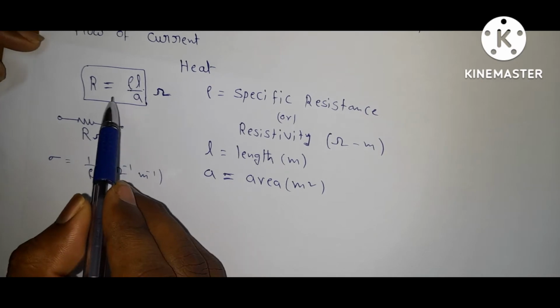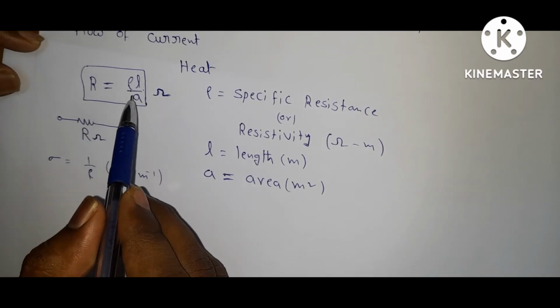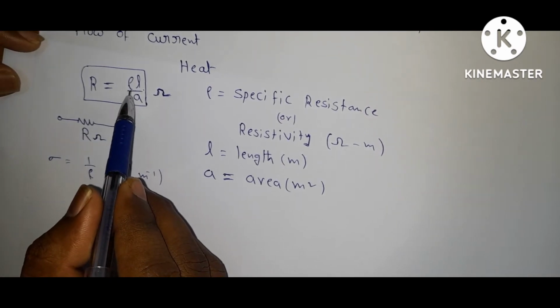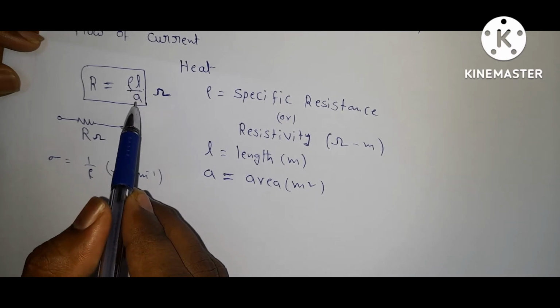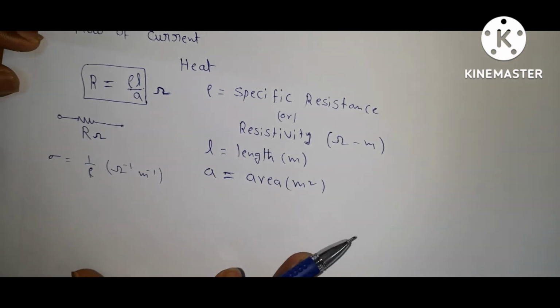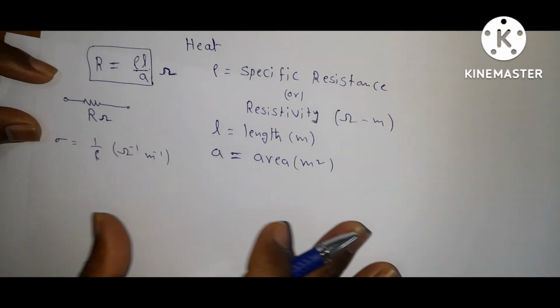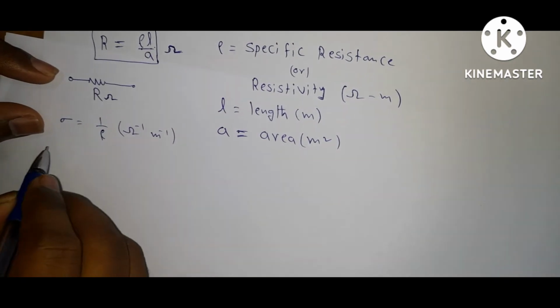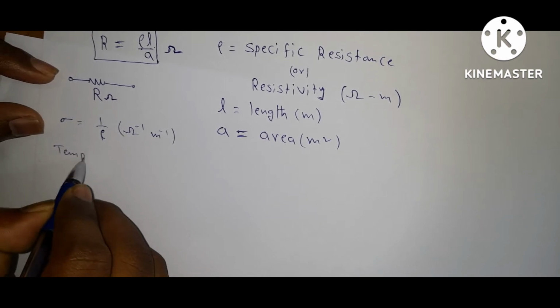Next, resistance of any material depends on the resistivity of that material, length of the material and area of the material. And one more parameter is there, that is temperature. Resistance is a temperature dependent quantity.